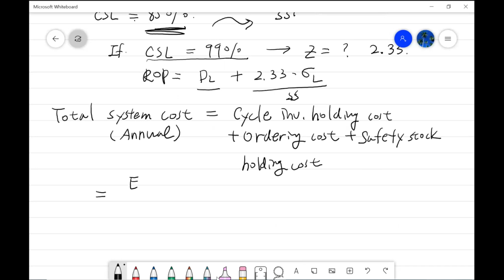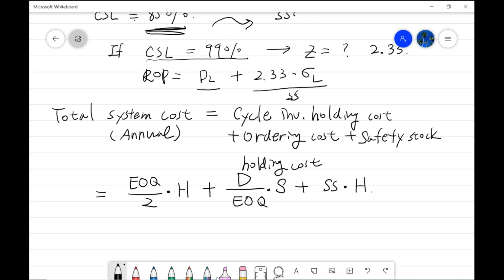So EOQ divided by 2 gives me the average cycle inventory level, multiplied by the unit inventory holding cost, plus annual demand divided by EOQ gives me the order frequency in a year, multiplied by the unit ordering cost, that gives me the annual ordering cost, plus the safety stock amount is what? Just the safety stock multiplied by H.